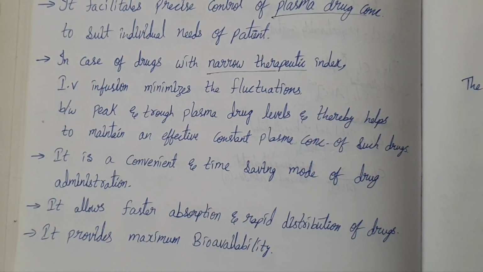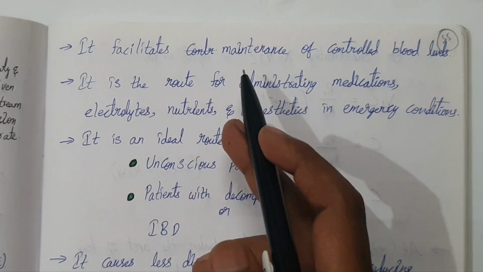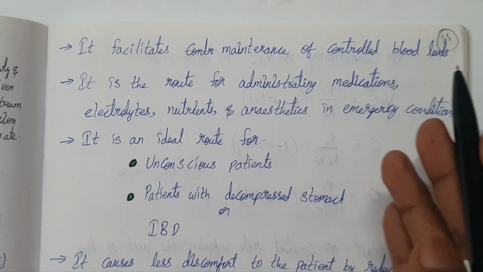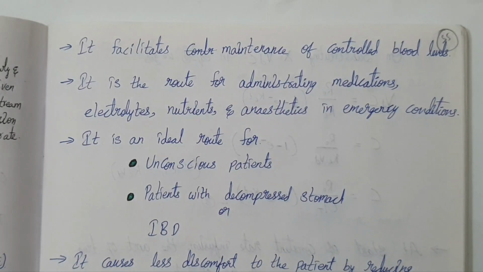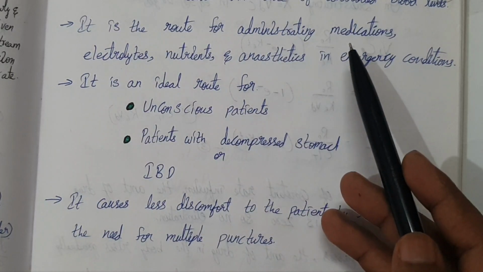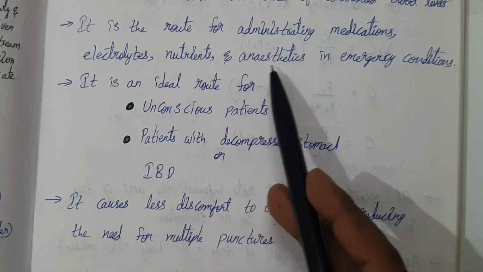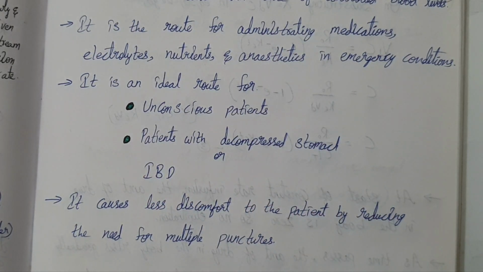IV infusion allows faster absorption and rapid distribution of drugs, meaning that it provides the maximum bioavailability of drugs. It also helps to maintain controlled blood levels. With continuous IV infusion, we can administer medications, electrolytes, nutrients, and anesthetics in emergency conditions.